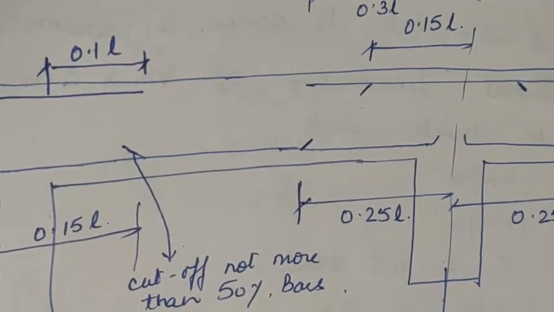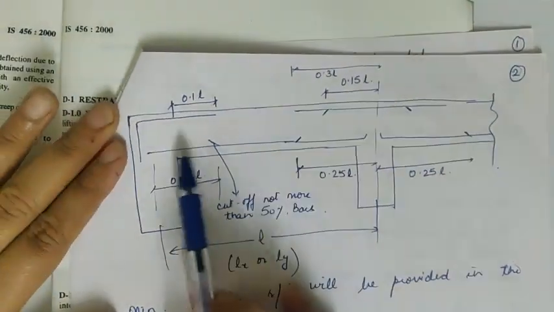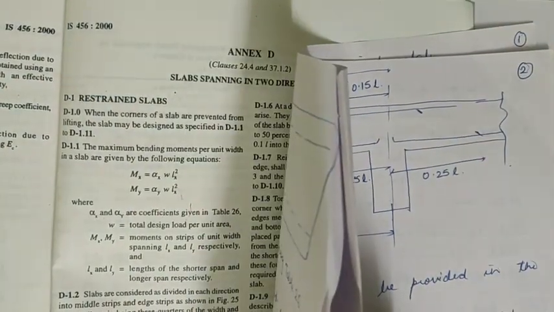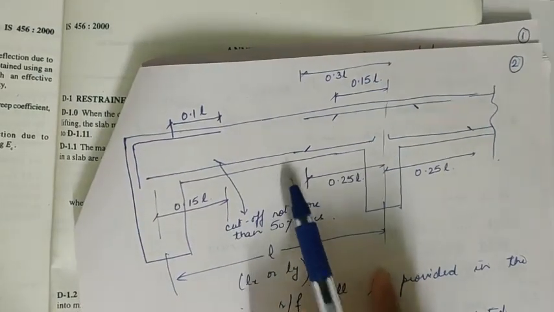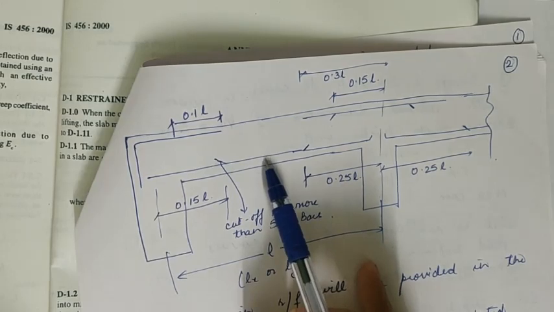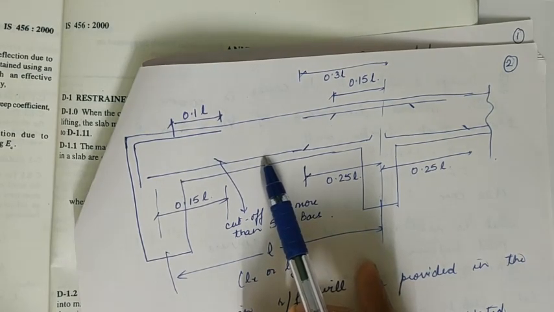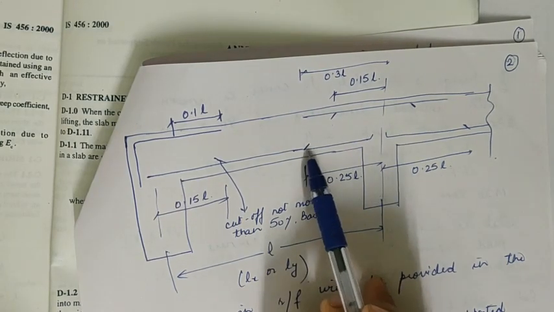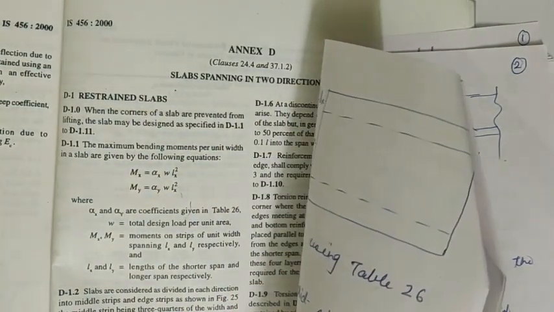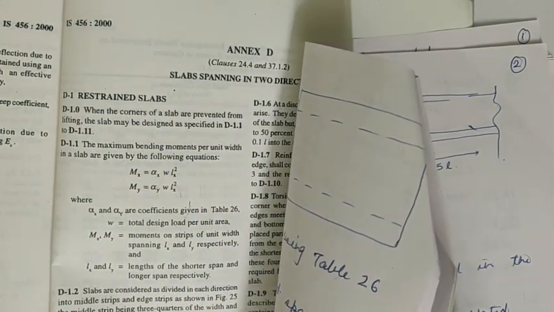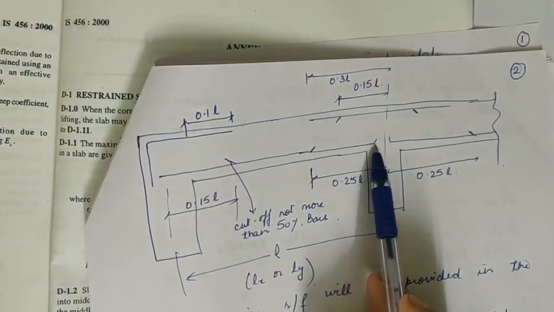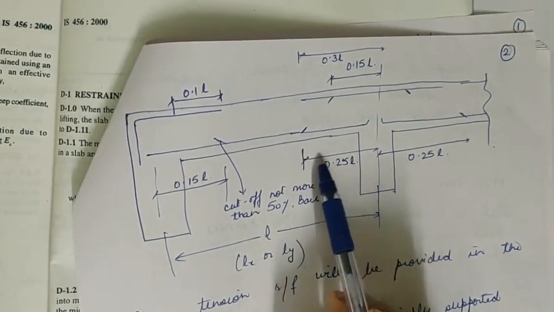So what do these clauses mean? All the three clauses, I can show you with this diagram. If I am basically drawing the detailing, what does it say? The first clause said tension reinforcement provided at the midspan. So the reinforcement that is provided at the midspan, at the center of the span, it shall continue into this particular support. And half of it shall be extended in the lower part of the slab to within 0.25 L of the continuous edge.